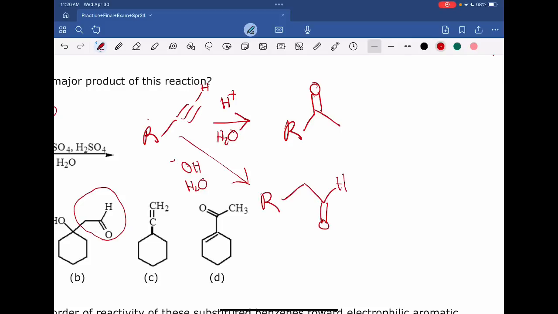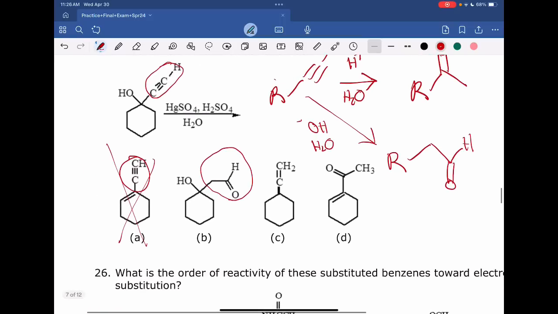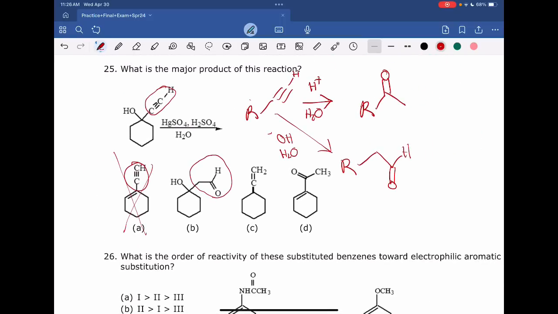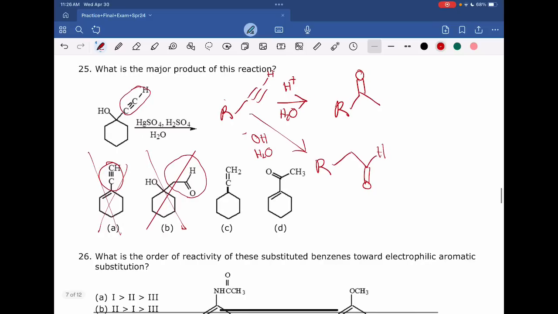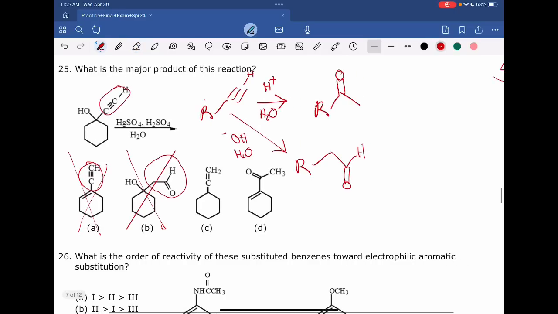This is part of your synthetic transformations index, so if you're unsure of what's going on here, just go take a look at that. I think that's from Ochem 1. So B is wrong because of that. And also, I'm not sure if we covered this mechanism extensively, but you should definitely be able to work your way through it now. So try to do that. I think it's a good exercise for this upcoming final.